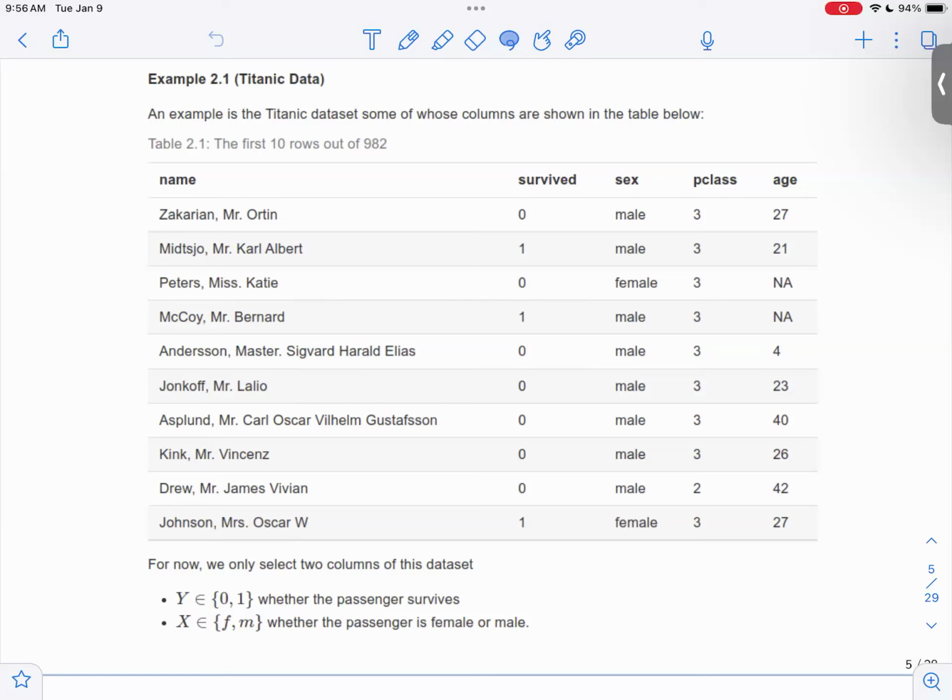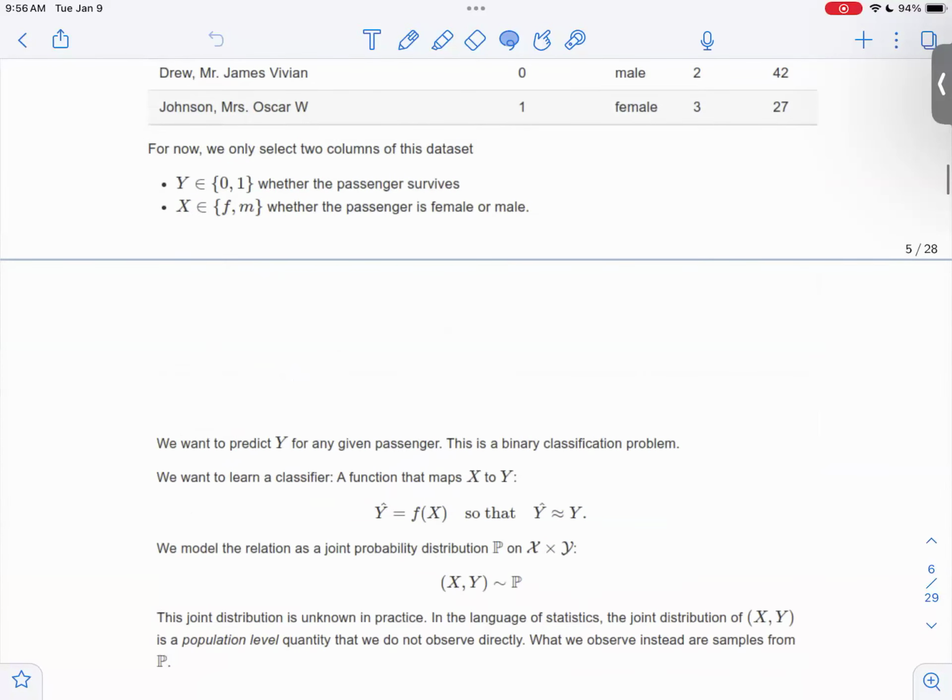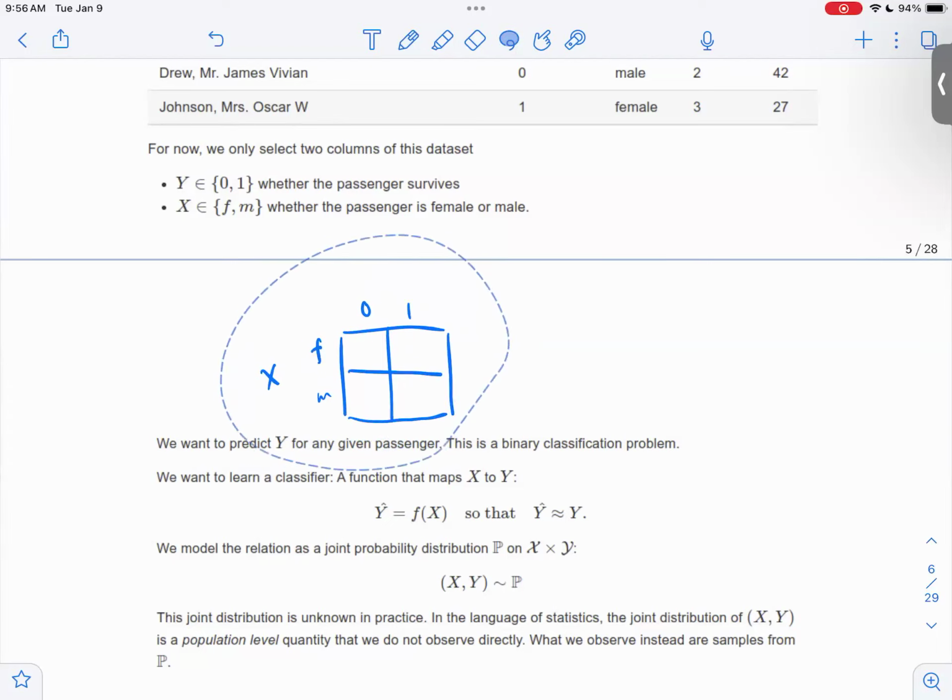Let's see if people are on board. So I have a random variable X. I'm going to give you a hint. X takes values F, M, Y takes values 0, 1. How do I specify the joint distribution?